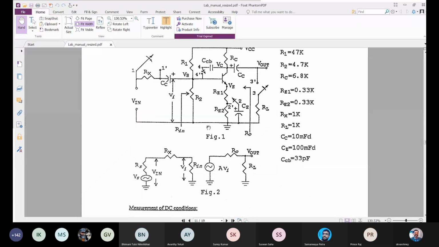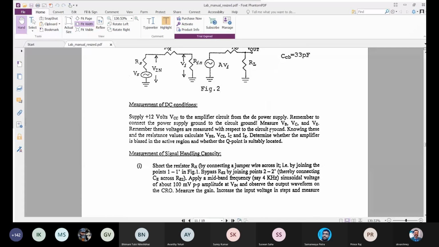So CE means common emitter, and what we have to do is find out the values of VB, VC, and VE, and this measurement you can do virtually by using Fastad or LTSpice.